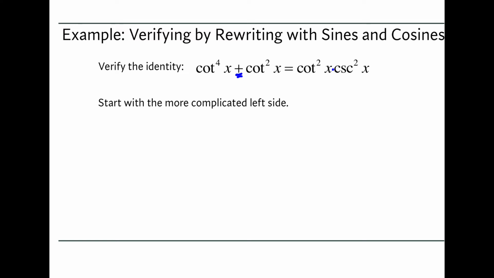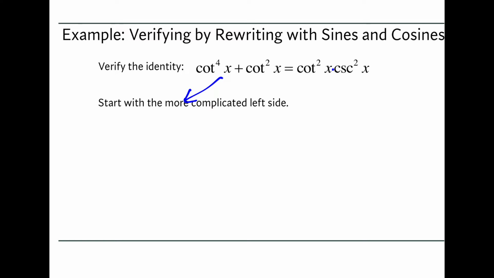So one thing that we do a lot of is, all right, let's actually carry out this addition. So I have cotangent to the fourth x plus cotangent squared x. I'm going to rewrite this as sine and cosine, so we can get an idea of what we need to do to actually add these together. So I'm moving this over here to the left, and we're starting with the left, the more complicated side.